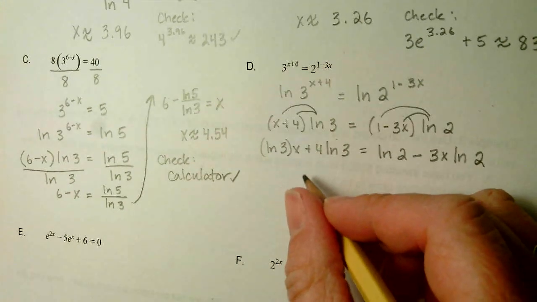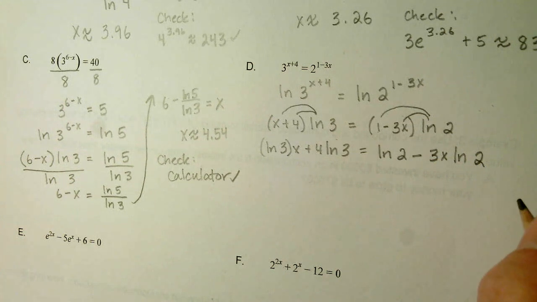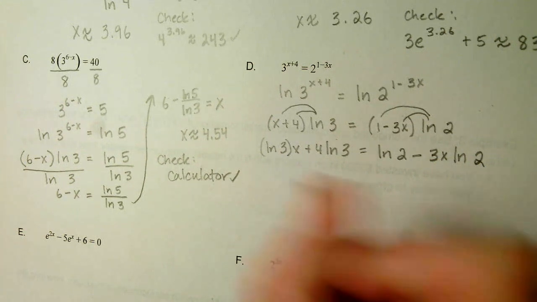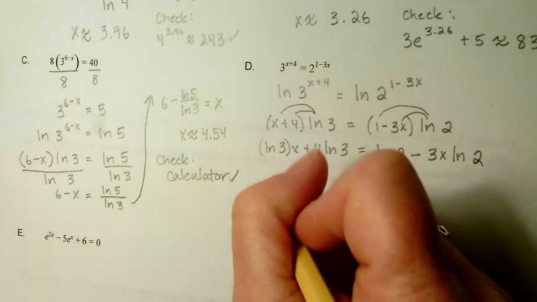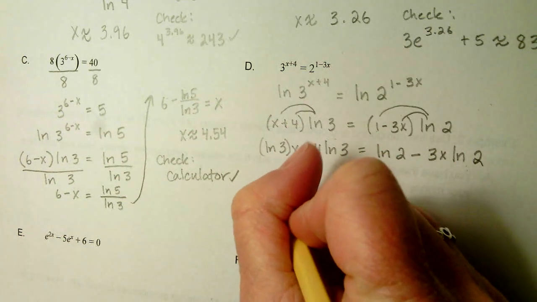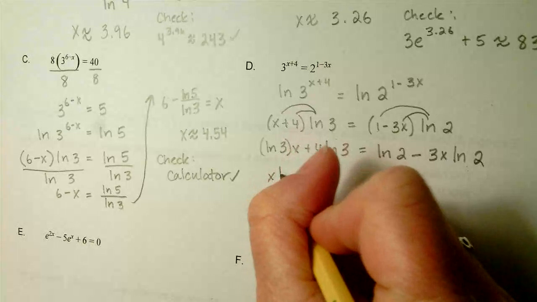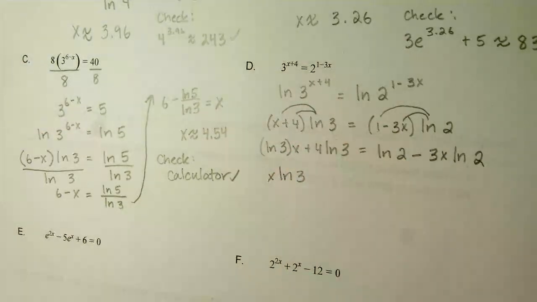So now we want to group variables and we want to group constants. So I am going to move this, because it has an x over here, so I'm going to rewrite this, x natural log of 3, so that's my first term.